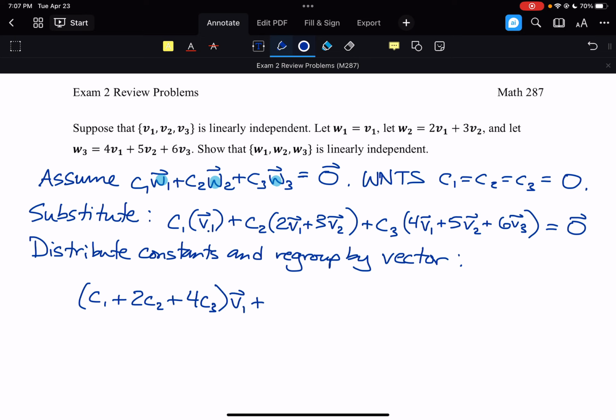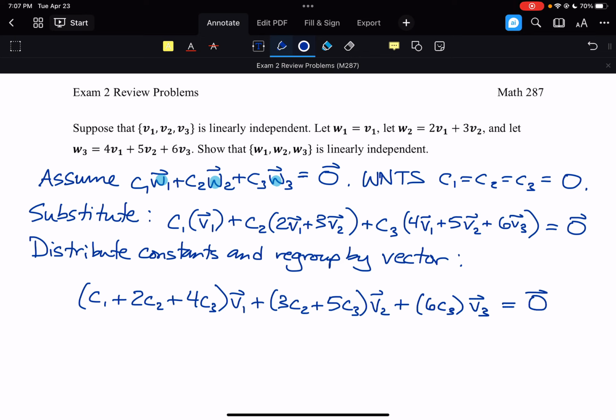Plus, now for v2, there's a v2 right here, so that's going to be 3c2 plus 5c3 times v2. Now for v3, there's only one of them, so we get plus 6c3 v3, all equal to the zero vector.